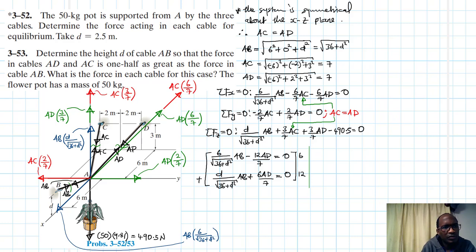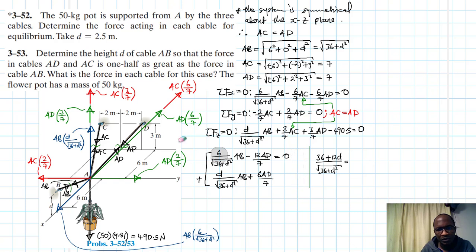So we're going to have this equation. I don't want to replace d because I want to use these equations for two cases, right? I'll replace later on. So we'll have 36 plus 12d divided by root of 36 plus d squared equal to, in these equations here, we expect a different number.